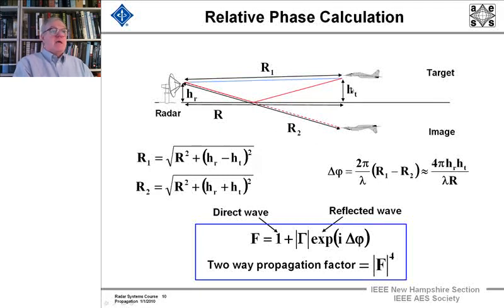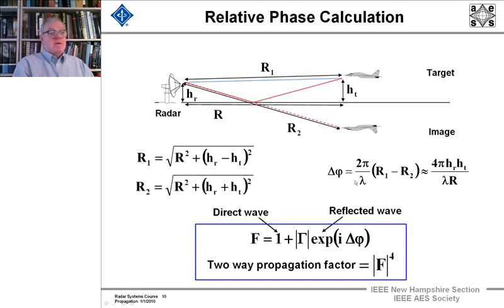If they were located at the same height, this would cancel out and R1 would be R. But the aircraft could be higher, it could be lower, and that would change this quantity R1. With R2, projecting down here, we have the height of the radar adding to the height of the transmitter.